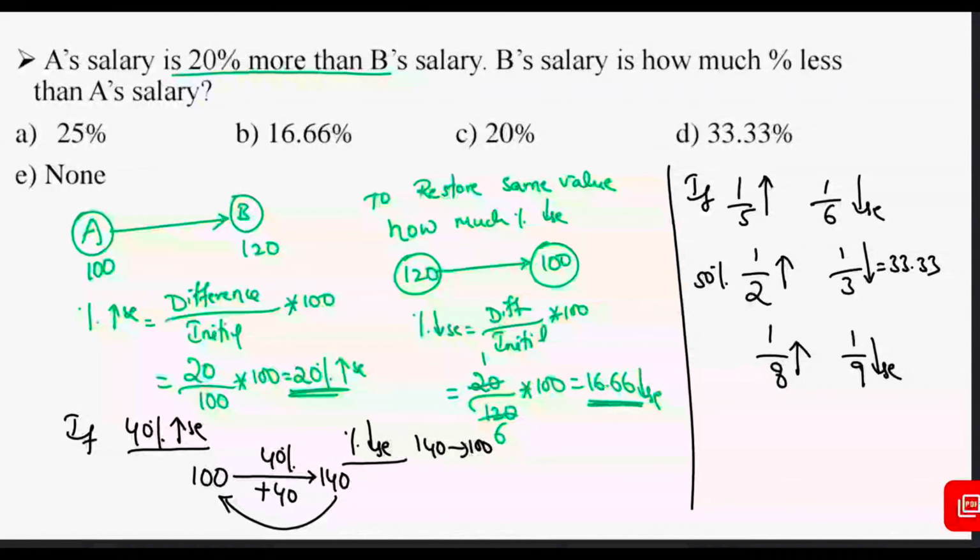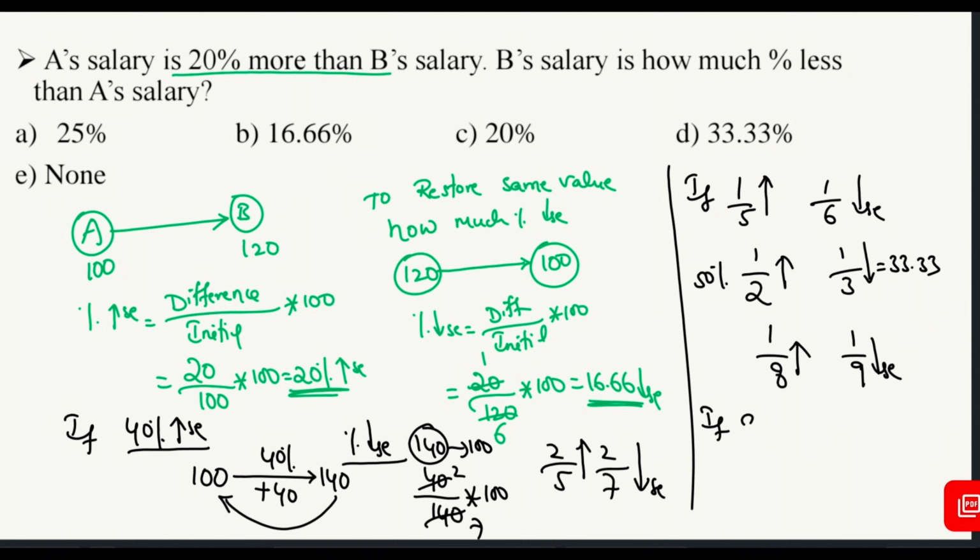So percentage decrease equals difference by initial. Difference equals 40, initial value equals 140, into 100. 40 by 140 will be equal to 2 by 7. If 2 by 5 is increased, 2 by 7 has to be decreased.